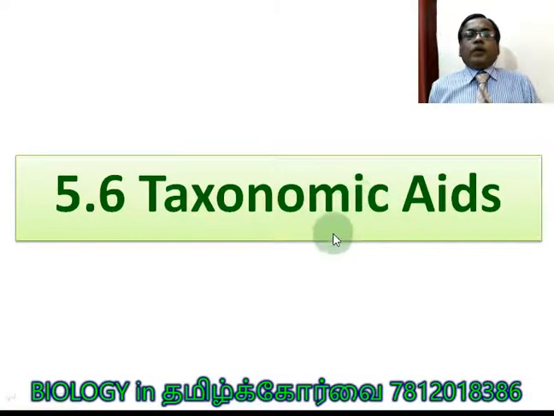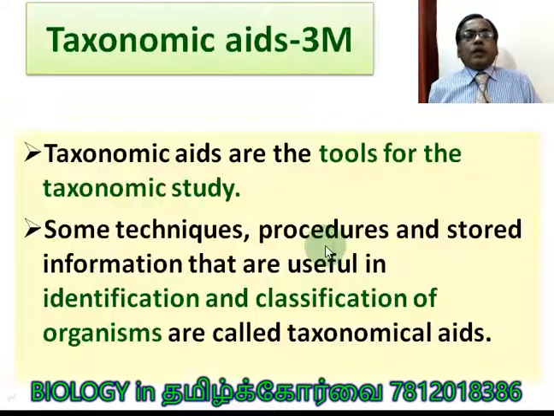Taxonomic aids 5.6. This is our first topic unit. Taxonomic aids are the tools for the taxonomic study. Some techniques, procedures and stored information that are useful in identification and classification of organisms are called taxonomic aids.